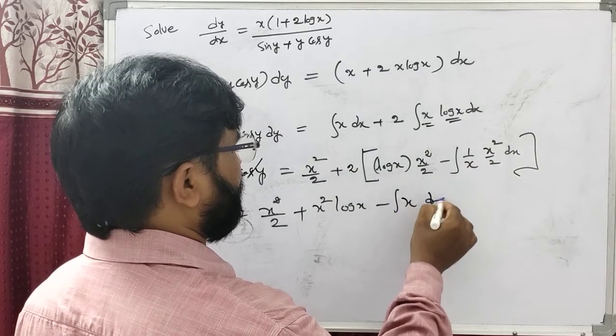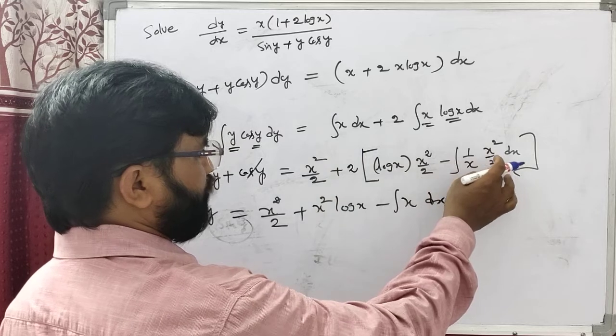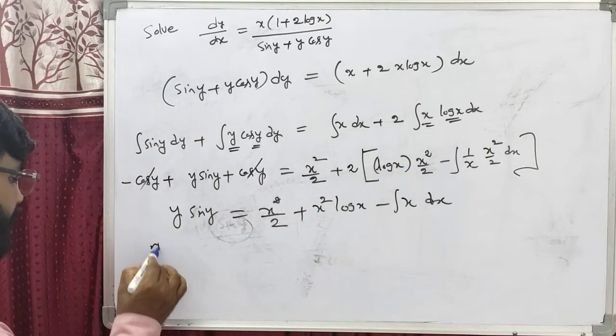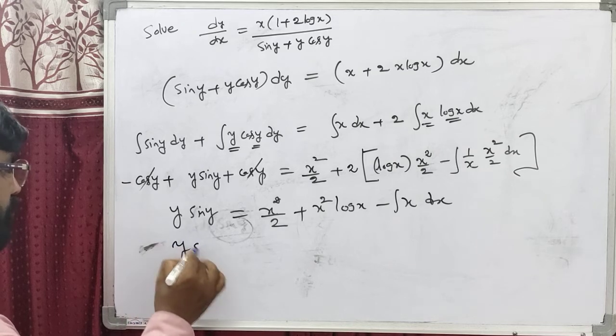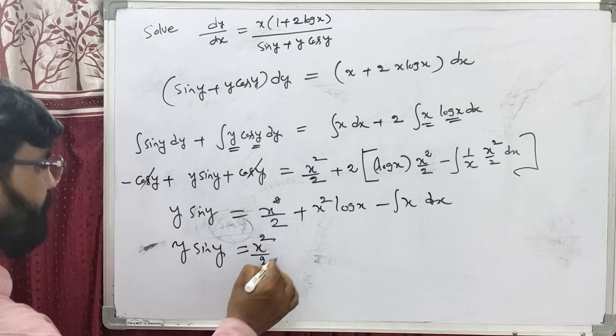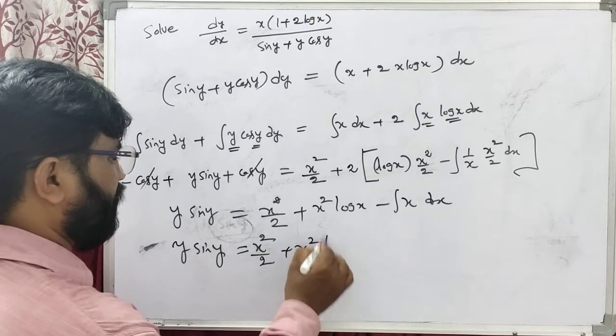This is x dx. When you multiply with 2, 2 cancels, and one time x also cancels. Dear students, we can write it as y sin y equals x square by 2, x square log x.